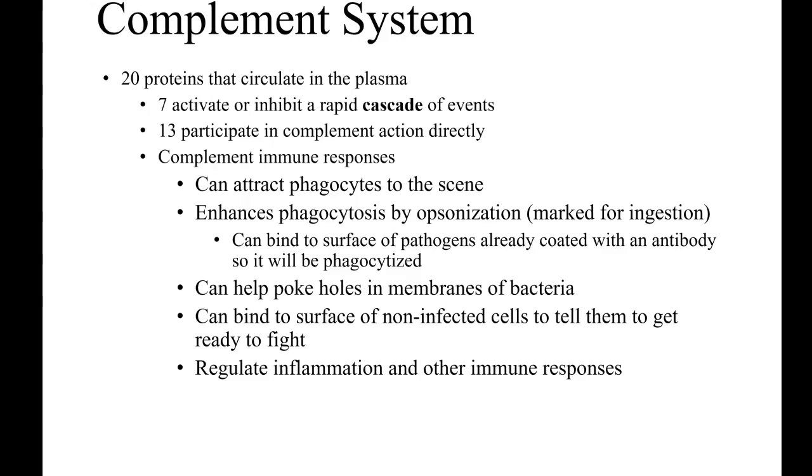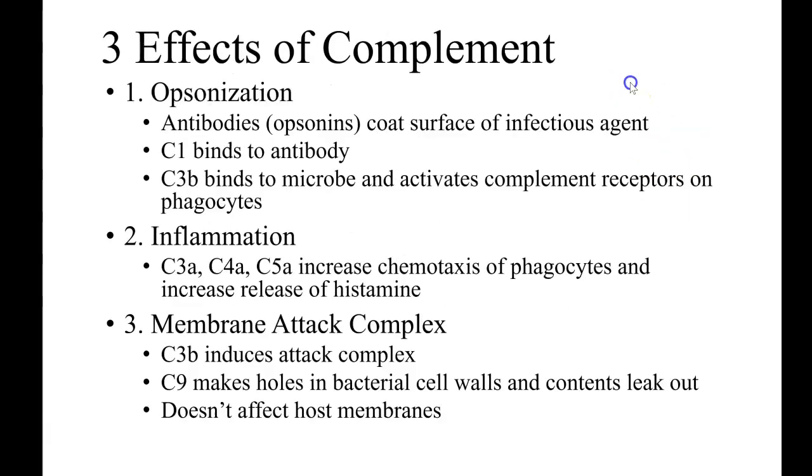They can also enhance phagocytosis by opsonization. Remember that term opsonization means that they're going to coat something so that those phagocytes can actually bind to that pathogen. They can also poke holes in the membranes of bacteria, and they can regulate some inflammatory effects.